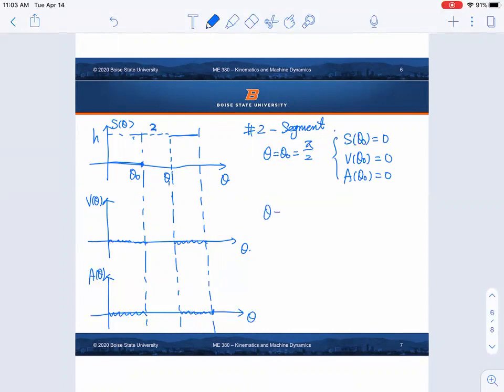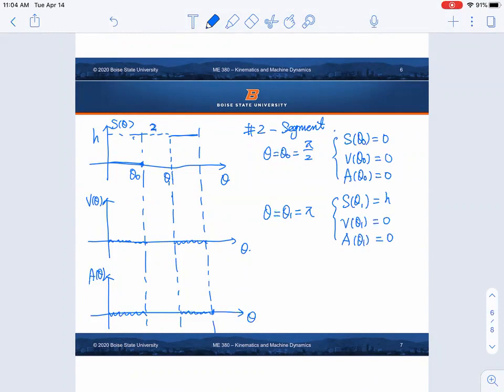Then you have theta equal to theta 1, that's pi, and you have 3 more boundary conditions: S is H, V(theta 1) is 0, A(theta 1) is 0.